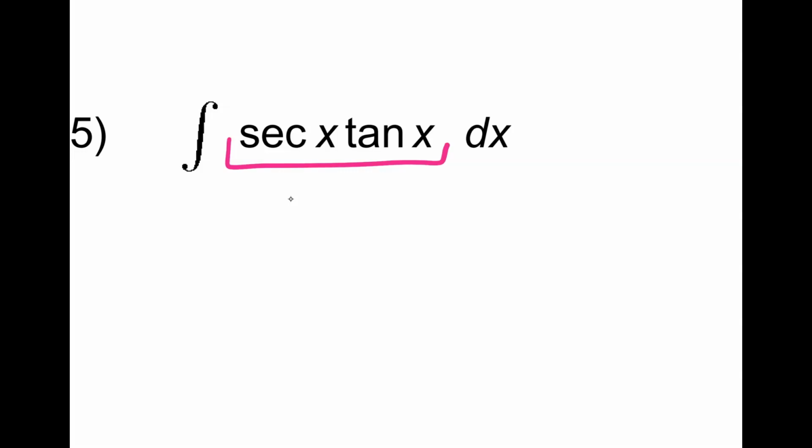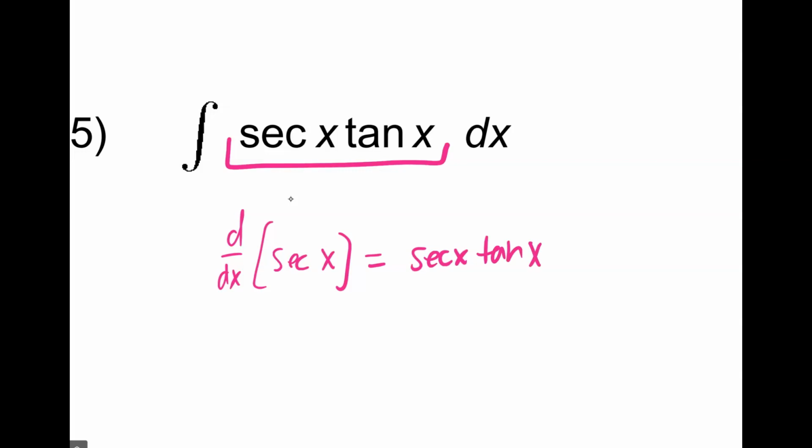If you take the derivative of secant of x, you get secant x tan x. So secant x tan x is the derivative of secant x, which means the antiderivative of secant x tan x is secant of x. This is just secant of x plus c. That's it.